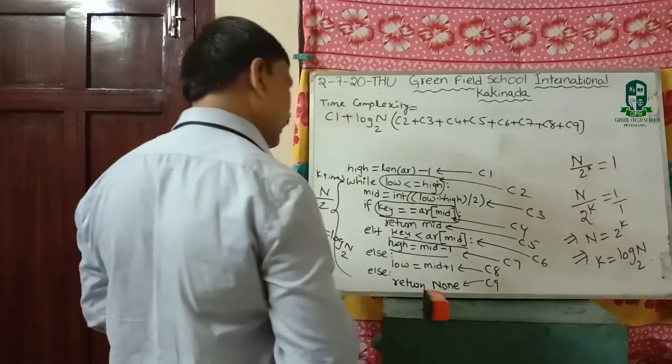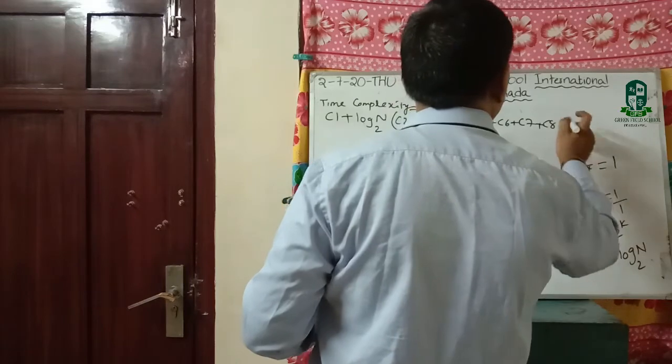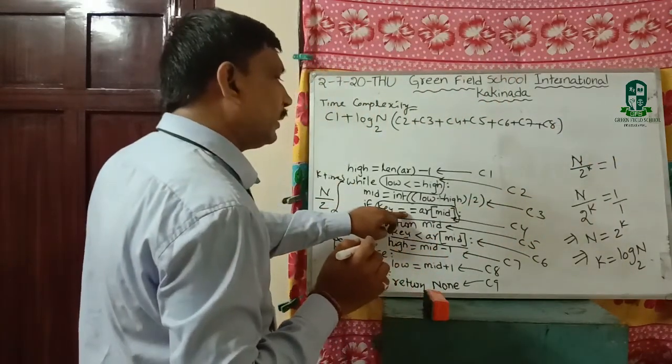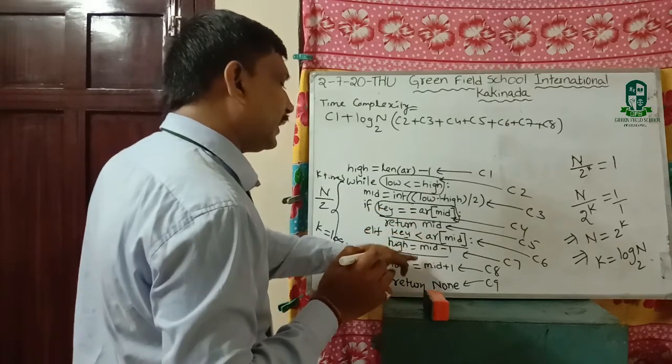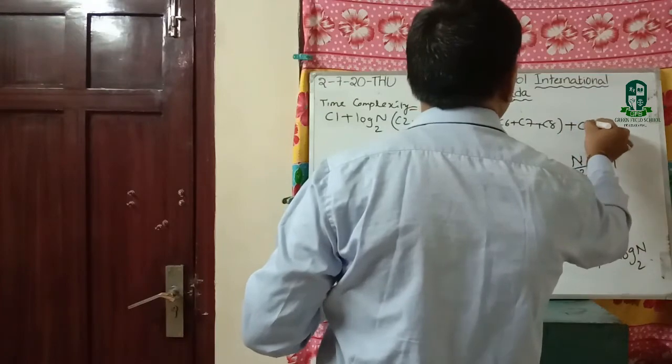C9 is considered last. If the mid element is not found, that is, if it is less than or greater than, this one is executed last. That's why this one is considered as C9.